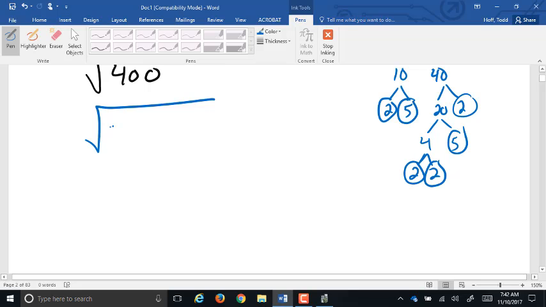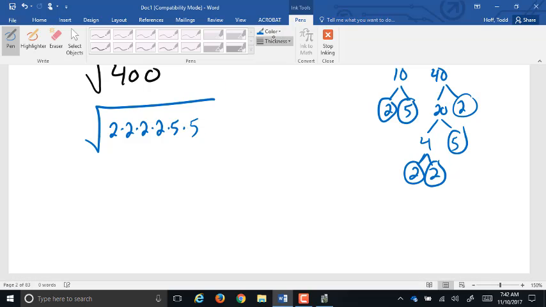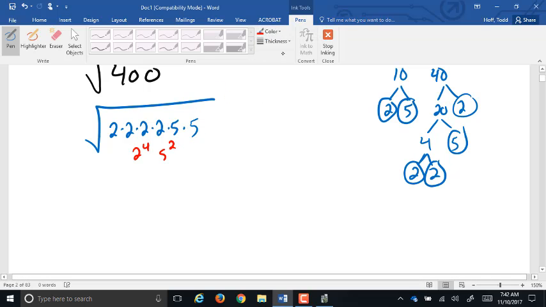So 400 is 2 times 2 times 2 times 2 times 5 times 5. That's 2 to the 4th and 5 squared, right? So that's going to become 2 squared and 5 to the 1. 2 squared is 4 times 5 is 20. Square root of 400 is 20. That makes sense?